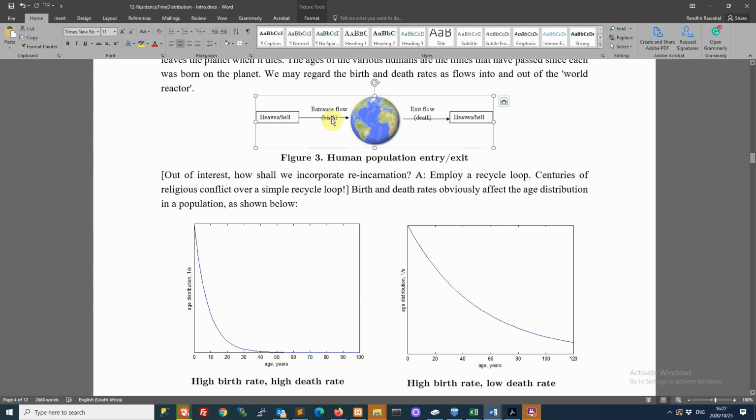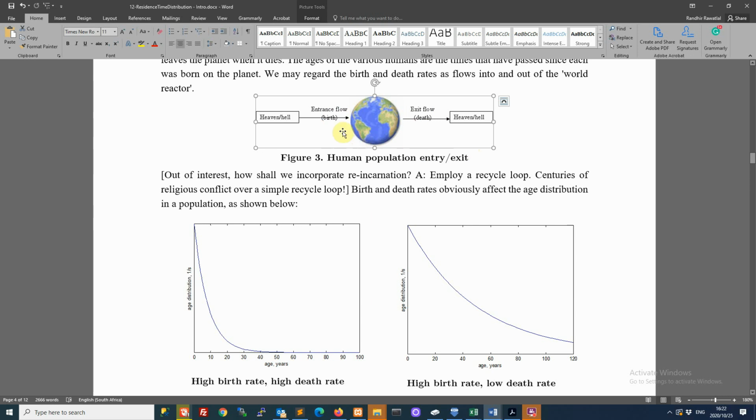But anyway, you can see here the connection between the mathematical view of age distributions, where we often talk about birth and death rates, and the chemical engineering version of that, which is an entrance flow or an exit flow.